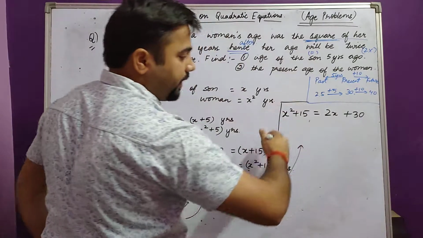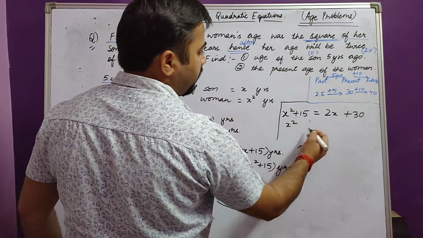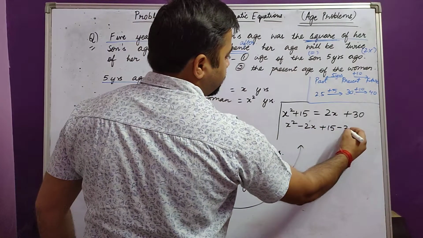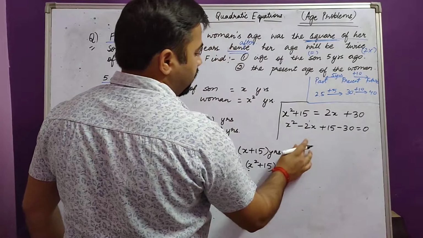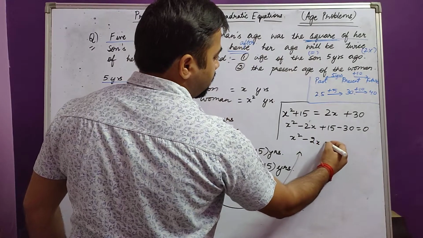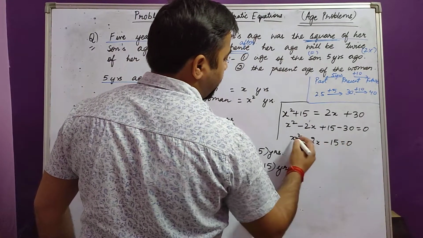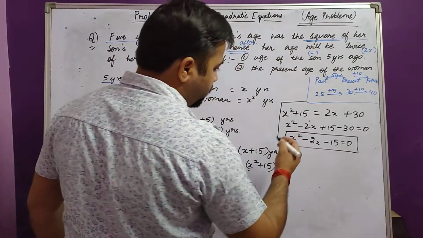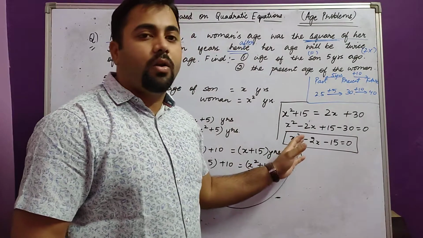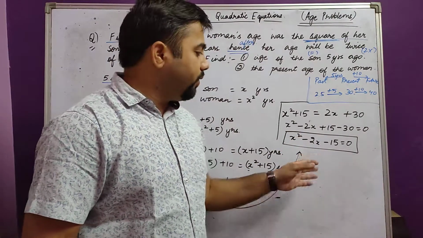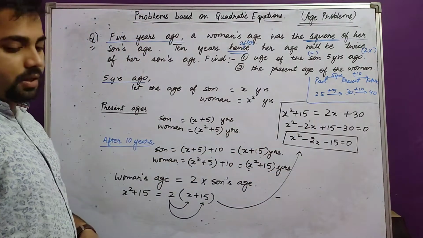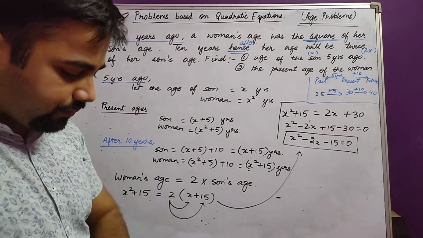Bring all the terms on one side again. x square minus 2x plus 15 minus 30 is equal to 0. x square minus 2x minus 15 is equal to 0. We get a quadratic equation again. We will solve it, and we have to take such values which are not negative over here. Age just can't be negative, and therefore we have to take only the positive values coming from the quadratic equation. Moving on further, we have one more question over here.